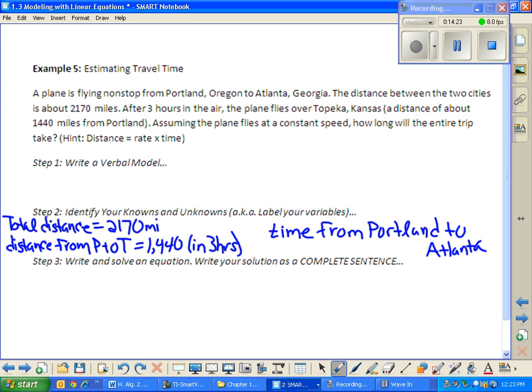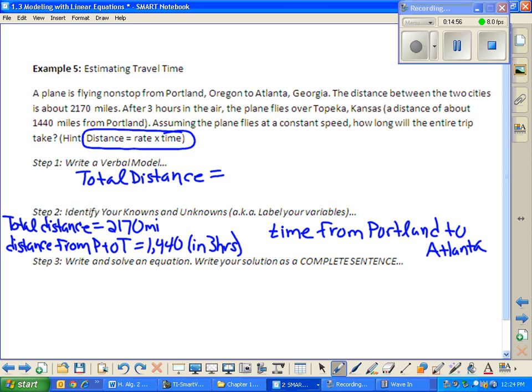To write my verbal model, I'm going to use their hint. Distance is going to equal rate times time. Well, if I want to find the total distance, I can find the product of the rate, or velocity, at which it took me to fly from Portland to Topeka, and then multiply that times the time that it would take me to get from Portland to Atlanta.